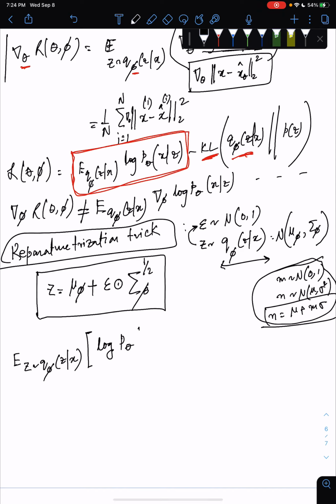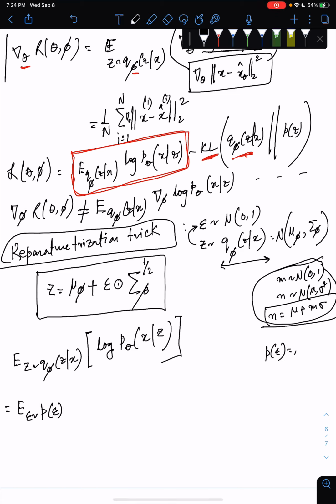So this is log p theta (x given z). Now this z can be transformed as mu plus sigma times some epsilon sampled from a standard normal distribution.